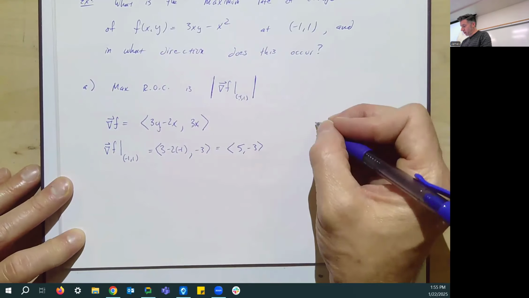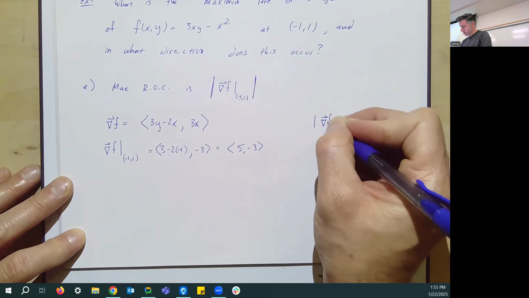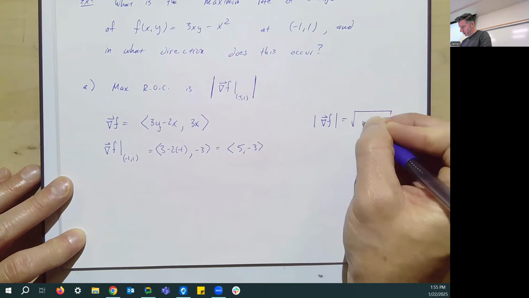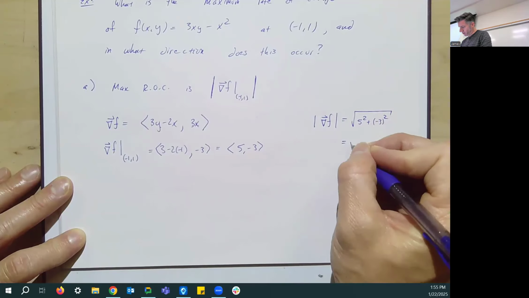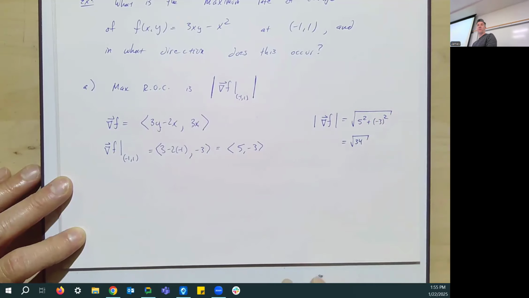And the magnitude of the gradient is going to be the square root of 5 squared plus -3 squared, which is the square root of 34. And that is the answer to the first question.